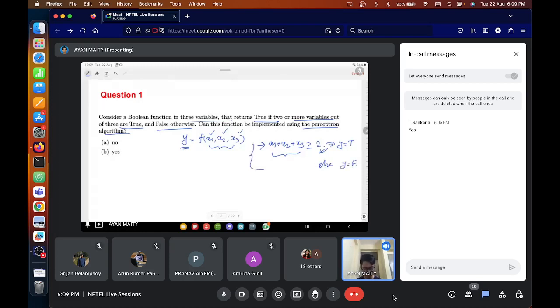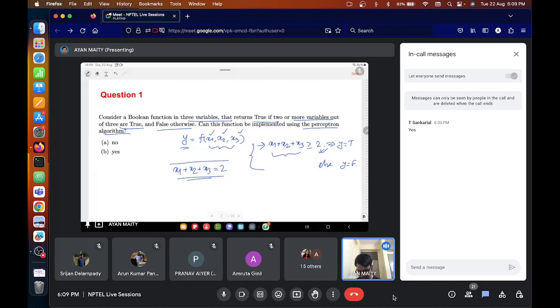So the decision boundary is x1 plus x2 plus x3 equals 2. If it is greater than or equal to 2, then true; less than 2, then false.